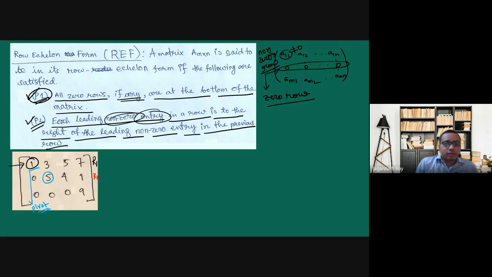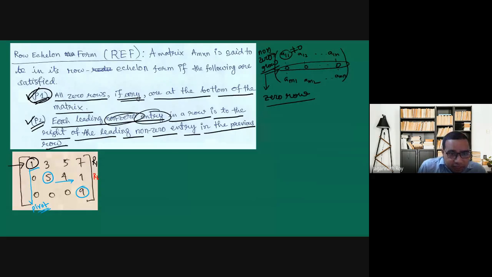Now in the third row, if 9 was there, then again it is to the right. The next leading non-zero entry is again to the right.